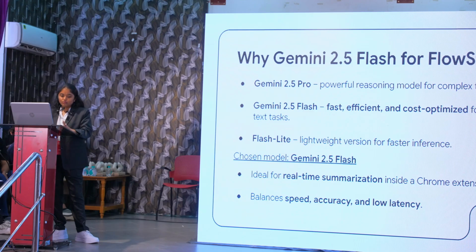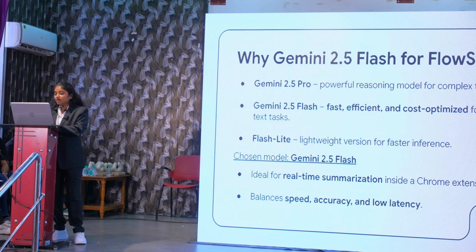The Gemini Pro model has powerful reasoning for complex tasks. But Gemini 2.5 Flash is fast, efficient, and cost effective for high volume text tasks. Flash-Lite has some lightweight versions.